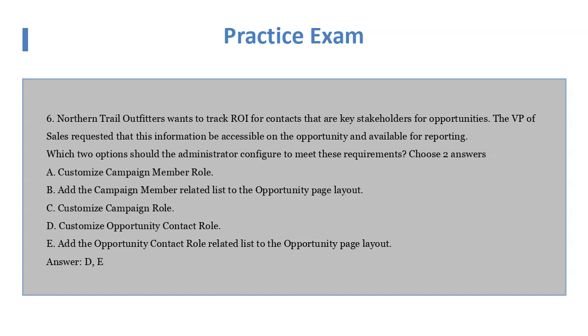B. Add the campaign member related list to the opportunity page layout. C. Customize campaign role. D. Customize opportunity contact role. E. Add the opportunity contact role related list to the opportunity page layout. Answer: D, E.